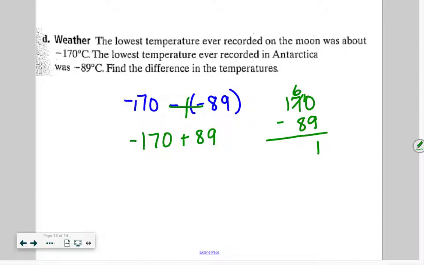Can I take 6 minus 8? No. So we got to borrow there. 16 minus 8? 8. So we get 81. Are we done? No. Which was bigger? The 170 or the 89? And that's negative, so our answer is negative 81 what? Degrees Celsius.